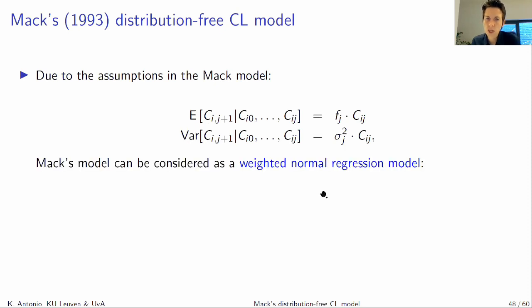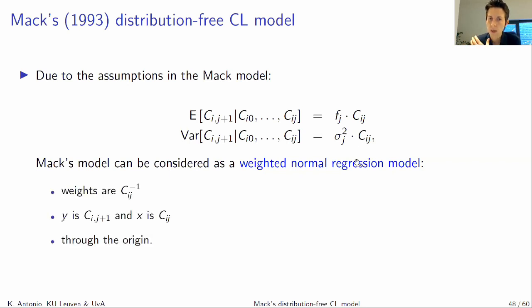So what we can do is easily reproduce the estimates for the f_j's, the estimates for the variance parameters. We can easily reproduce the numbers that we find with Mack by running a weighted linear regression model. The weights that we would use would be the C_{i,j}, the response y would be the C_{i,j+1}, and the x value is the C_{i,j}.